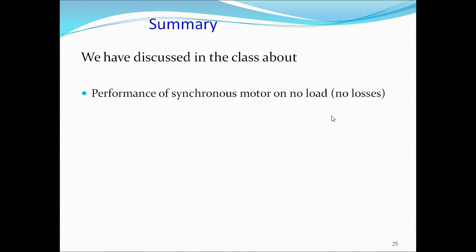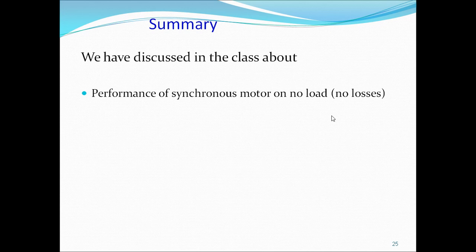When we connect a synchronous motor to the supply, it produces a back EMF EB. As we know, in a DC motor also back EMF EB is produced, but that depends on the speed. Whereas in a synchronous motor, back EMF does not depend on the speed, because speed is constant.